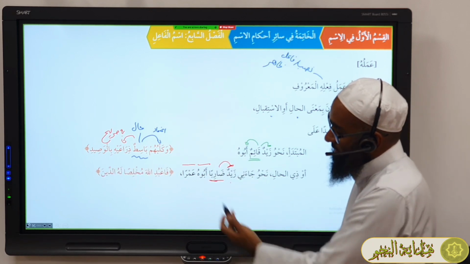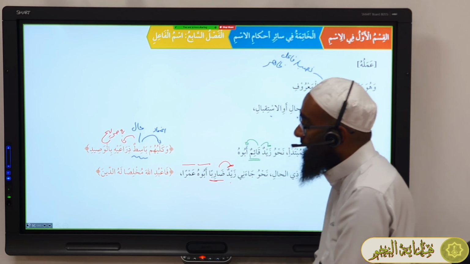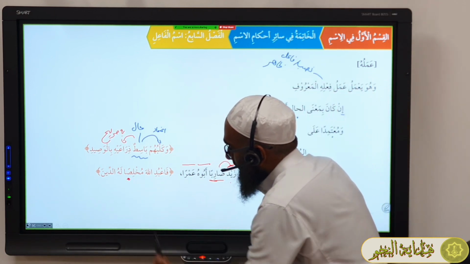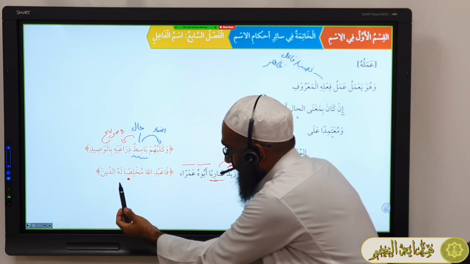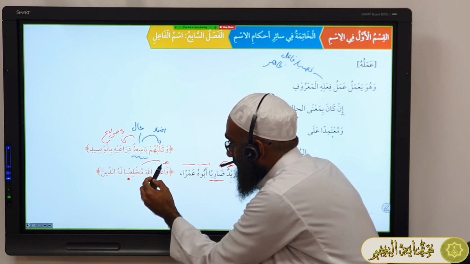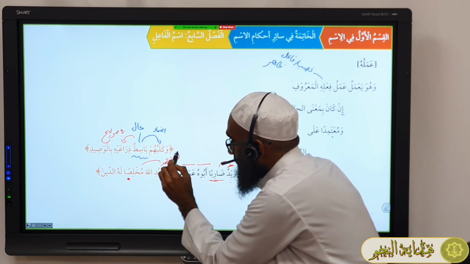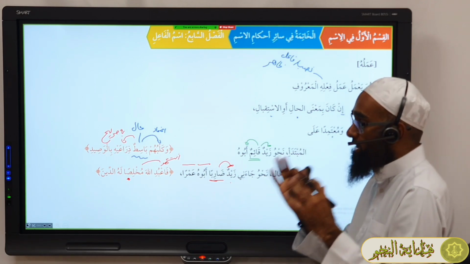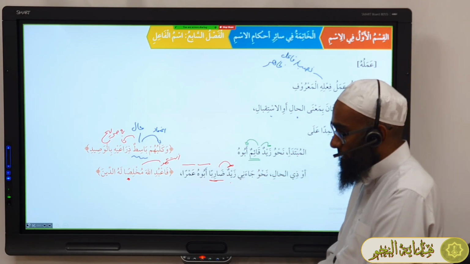An example of this is the Quran verse, فَاعْبُدِ اللَّهَ مُخْلِصًا لَهُ الدِّينَ. This ism al-fa'il is in the meaning of hal, and it is doing i'timad on the dhul hal, the anta. You worship Allah mukhlisan lahu ad-din, making the deen and the religion sincere for Him. Yes?